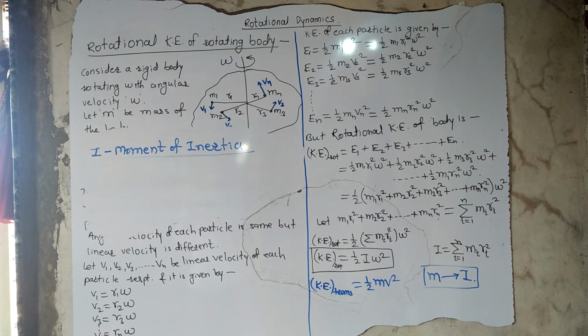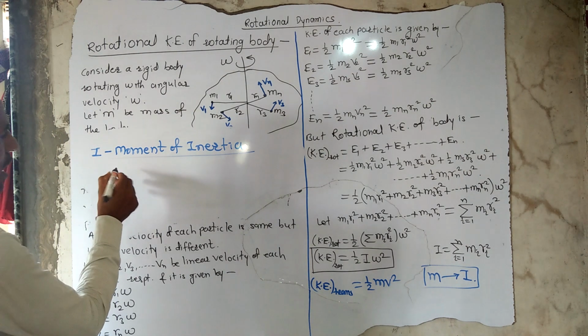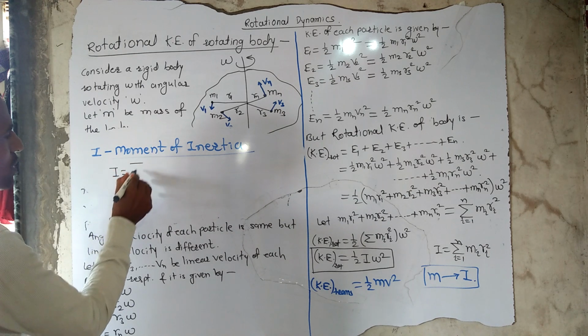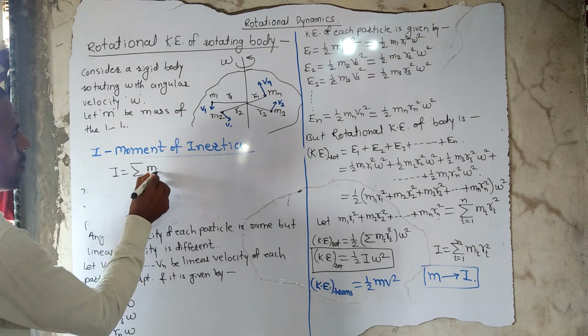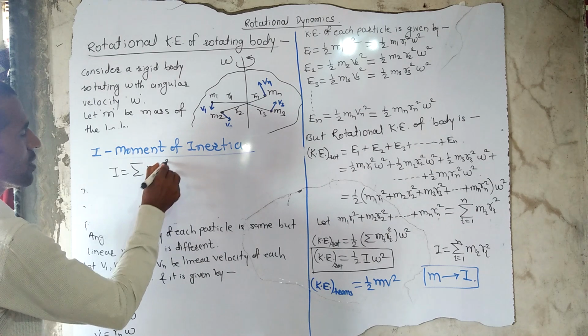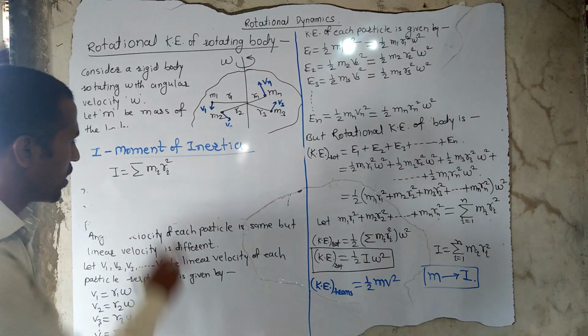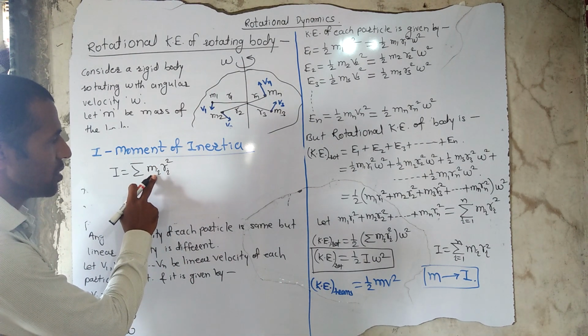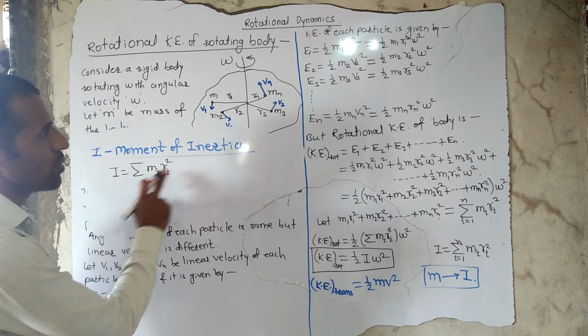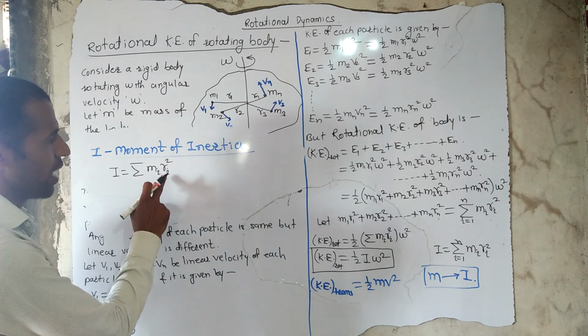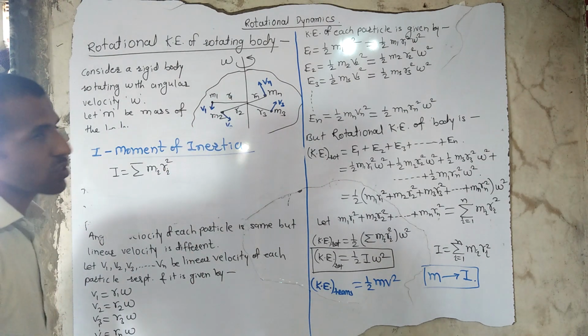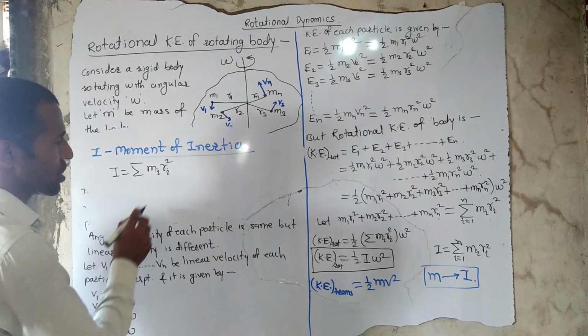Now we are not dealing with only the mass of the body, but we are dealing with the moment of inertia of the body, and that moment of inertia is given by I is equal to summation of mi ri square, where mi are the masses and ri are the perpendicular distances of all the particles from the axis of rotation.